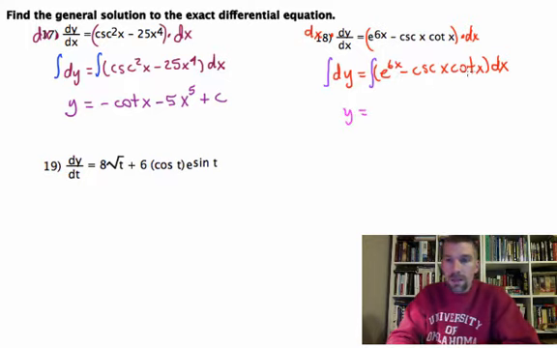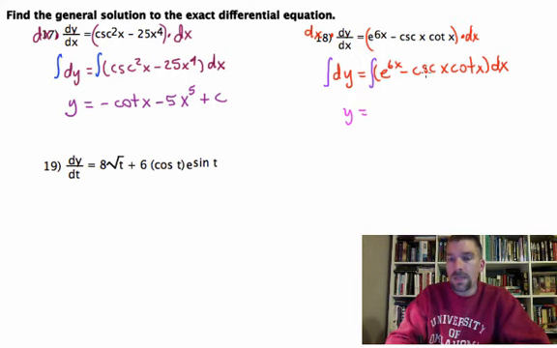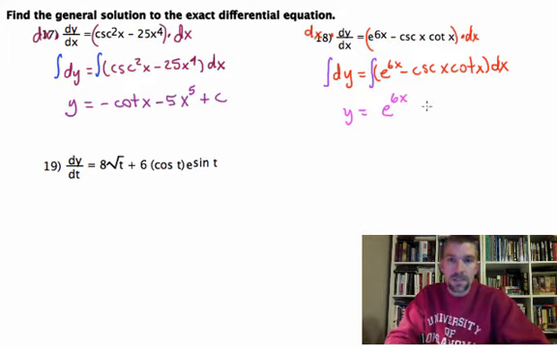And when you integrate the right, it's a little bit on the tricky side. Remember that any e to the x, if you take the derivative of e to the x, it's e to the x. So in this case, I'm going to have e to the 6x. But when I take the derivative of e to the 6x, I'm going to have e to the 6x times 6. So what can I do to make sure I just have a 1 left over when I get to my differential equation?